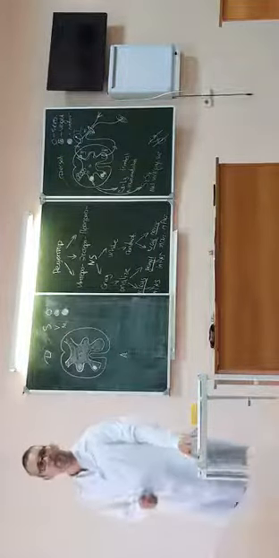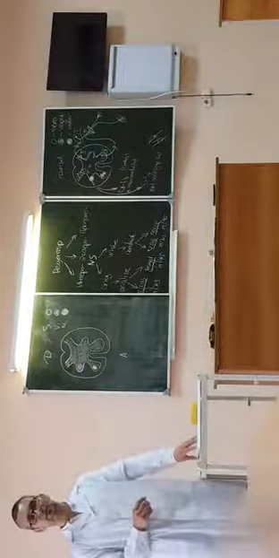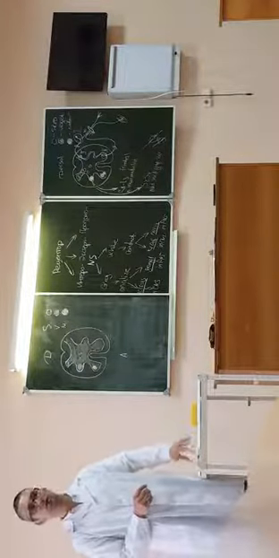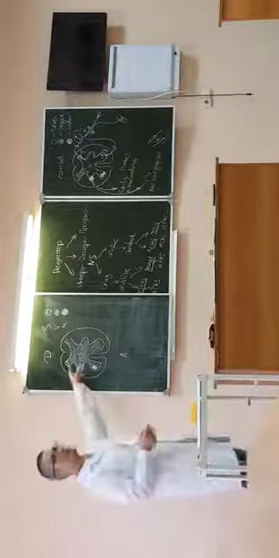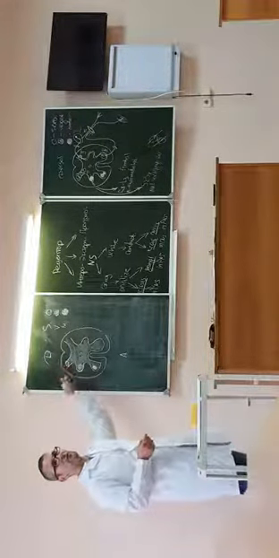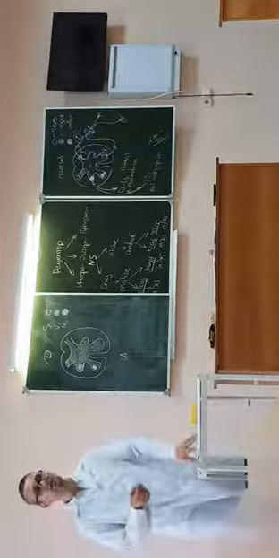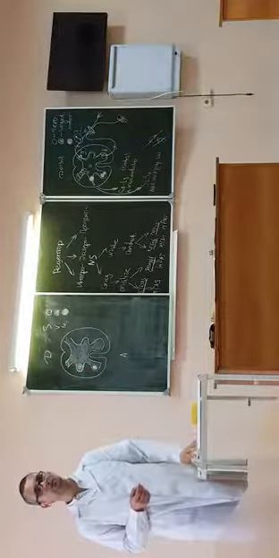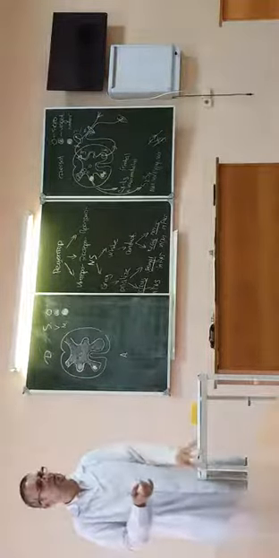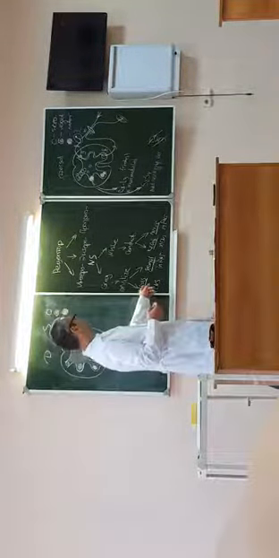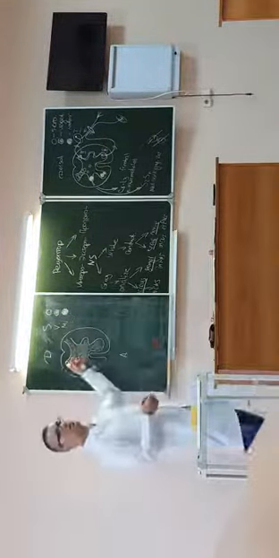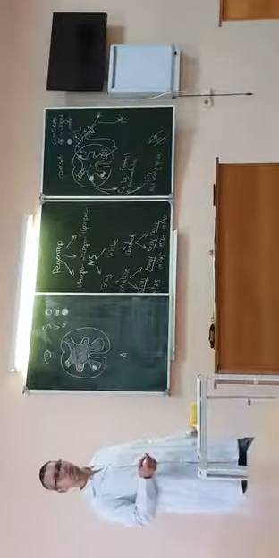I touch the table and I feel properties of this table. It is hard, it is smooth, it is cold. So all this I understand because of working of substantia gelatinosa. If I damage this nucleus, I touch this table, I cannot say anything about it. I cannot analyze this information. What we said, analyzing in CNS is in nucleus, that's why this analyzing of tactile sensitivity is in this nucleus.